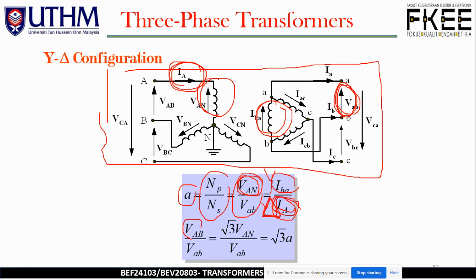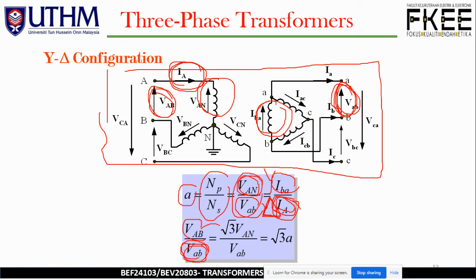So VAB, again, this is between line voltage and VAB over here. This is for line voltage. So no problem, because again, I repeat, the line voltage and the phase voltage for delta are similar. So this is equal to square root 3 Vn.